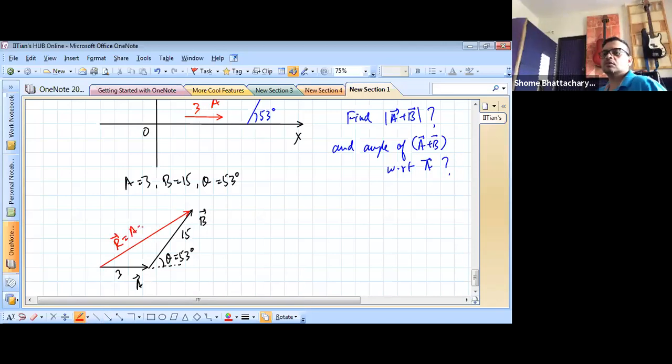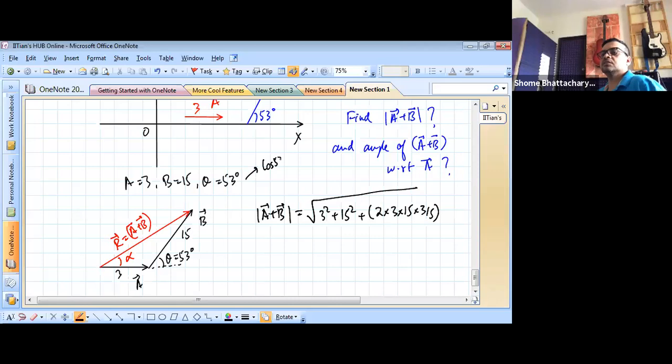You just apply the formula. Mod of A plus B becomes root of A square plus B square plus 2 into A into B into cos 53, which you know is 3 by 5. Just apply that.